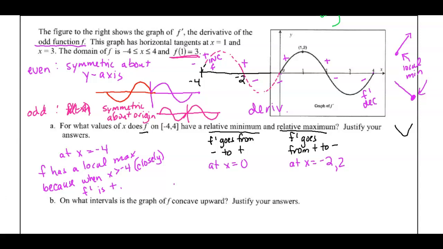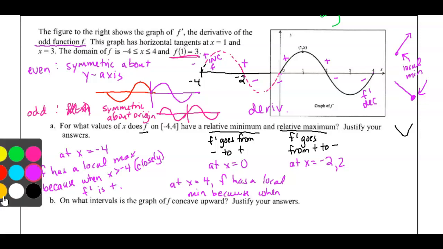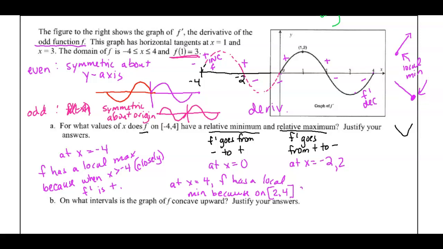So I would say at x equals 4, f has a local min because on 2 to 4, f prime was negative.